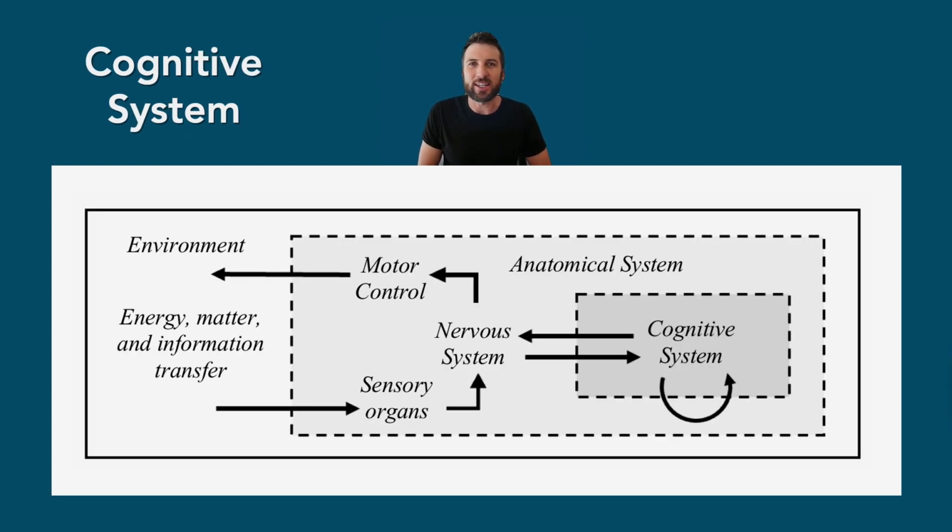And now I just wanted to end the chapter on one of the most interesting control systems, and one of the most complex ones we see in the universe that we're aware of, and that is the human brain. So there is an environment and there's an exchange of energy, matter, and information with the anatomical system. There are sensory organs like the eye, the ear, the nose, and these gain information about the environment.